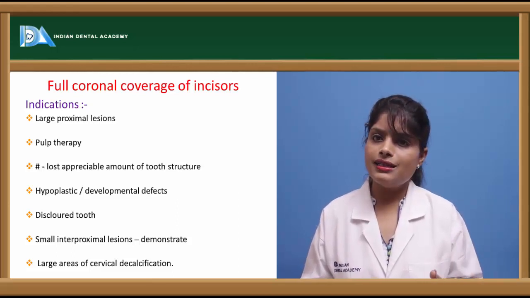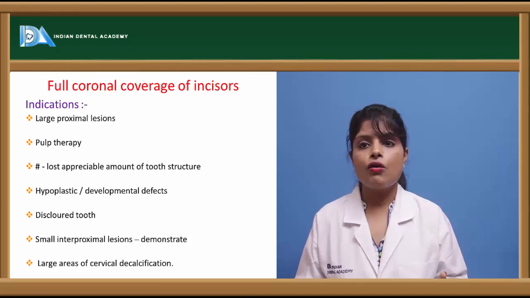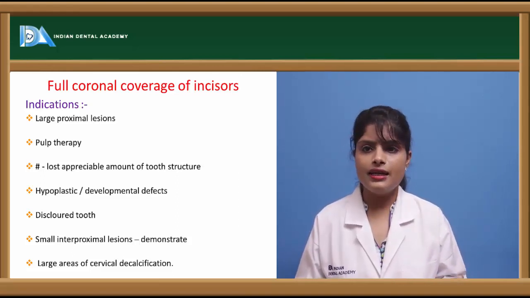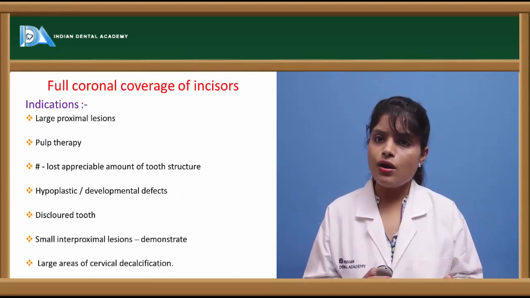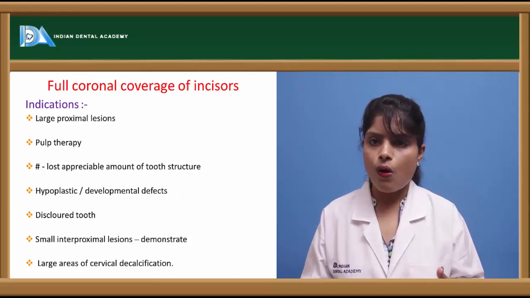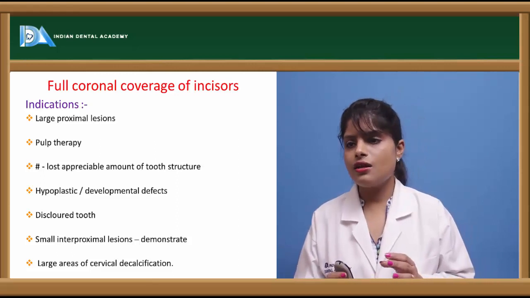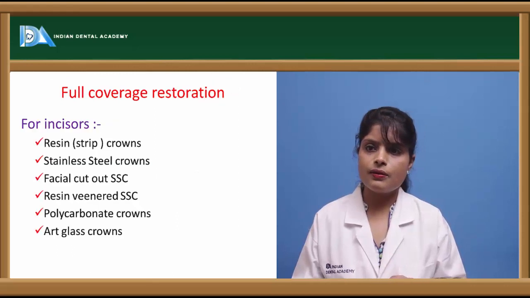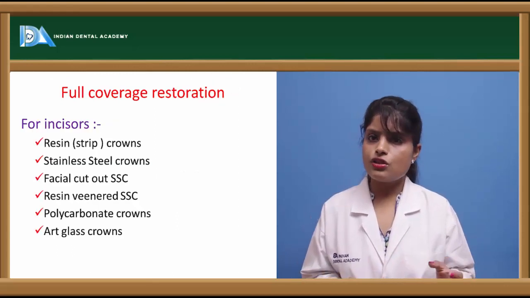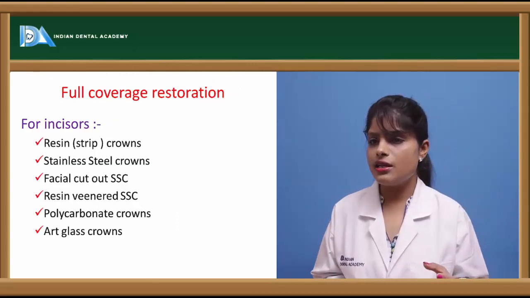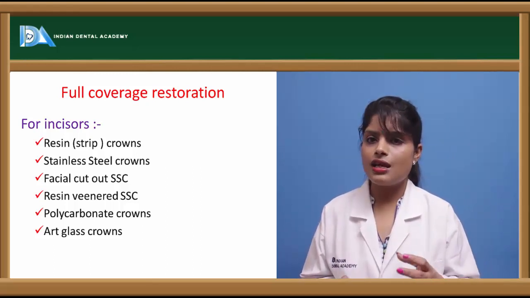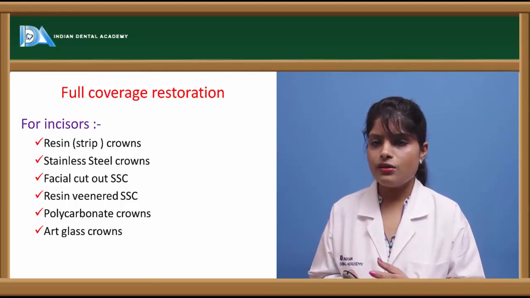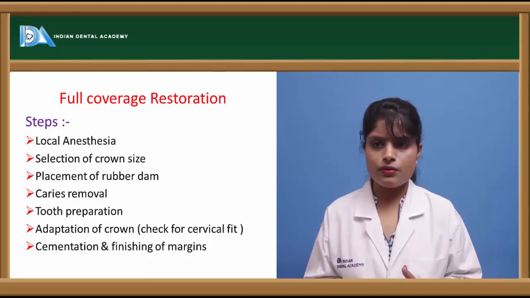They are also used in hypoplastic teeth, in severe fluorosis, in discolored teeth, when small interproximal lesions are not easily demonstrated, or in the case of large cervical decalcifications. Full coverage restorations basically involve the resin or strip crowns, the stainless steel crowns, the resin veneered stainless steel crowns, the polycarbonate crowns, and the art glass crowns.